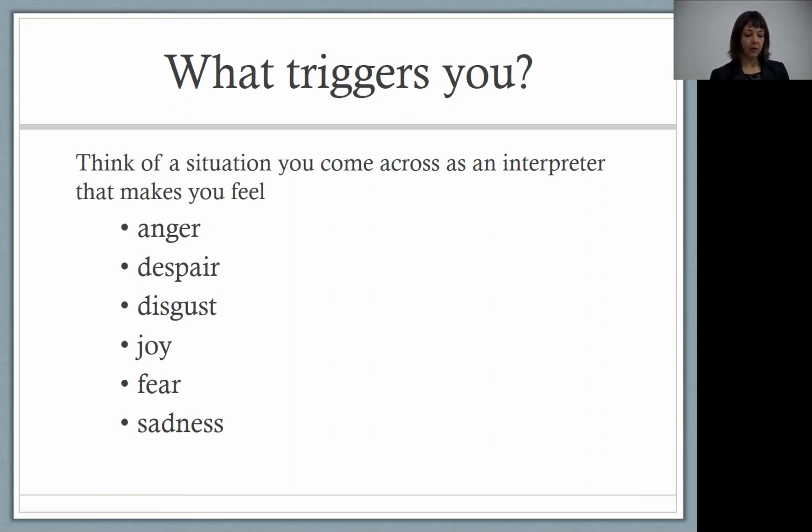That can help you to identify them and then neutralize them in your delivery. So again, you're not being neutral in your opinion. You can have an opinion as strong as you want, but you don't want it to affect how you're delivering the message. And of course, we talk about the fact that it could be body language, the look on your face, the tone of your voice when you deliver the message in that language. There are many different ways that you can betray the delivery of it.